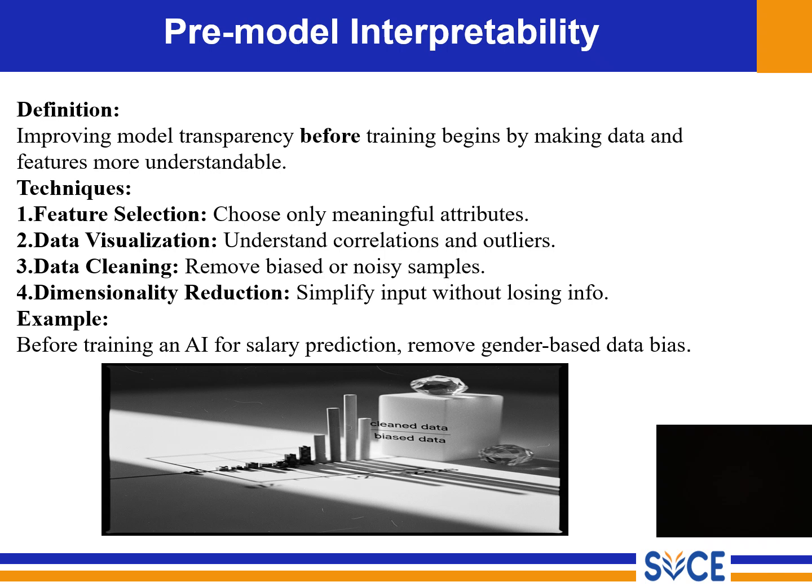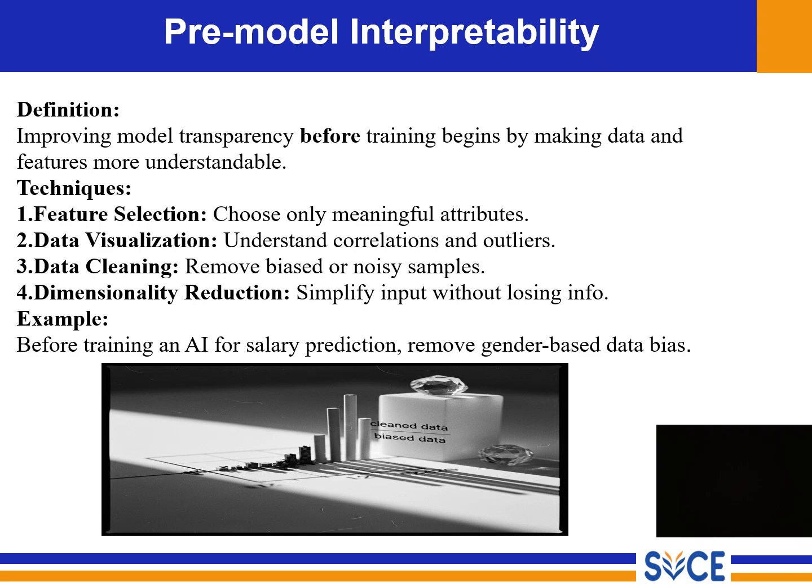We should clean the bias before the training. So the diagram shows a bar chart of salary with experience, cleaned data and then biased data. So gender bias removed. Okay.